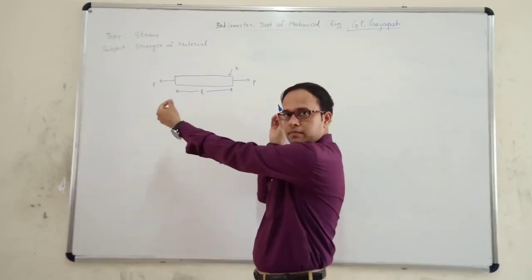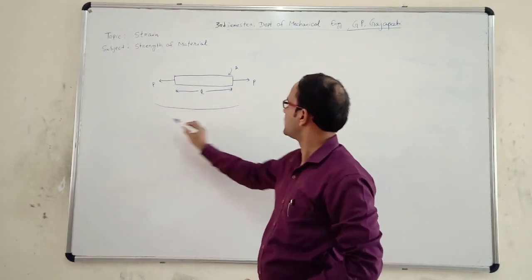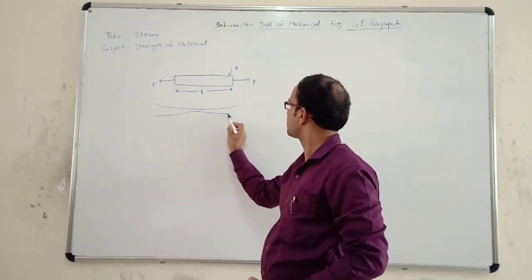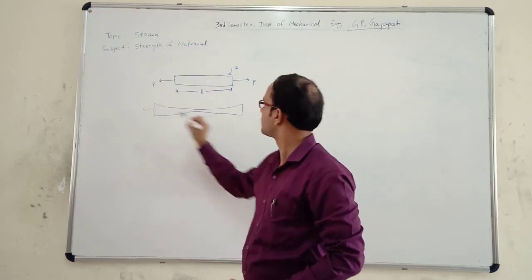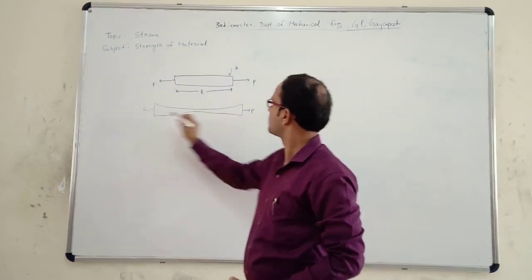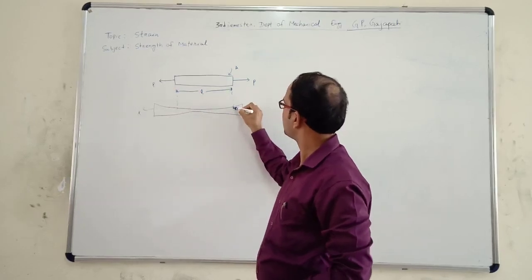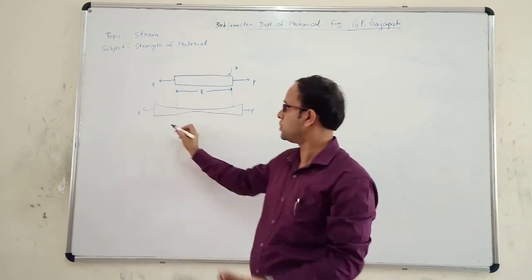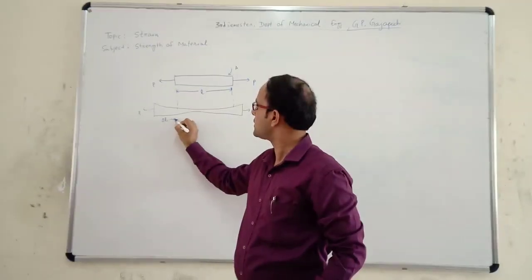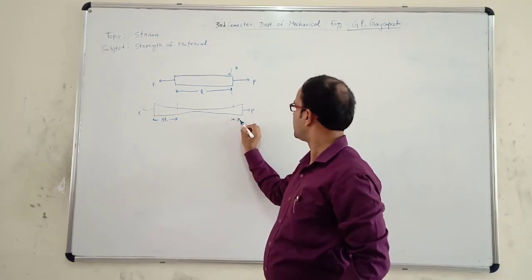The body will deform, so let it deform like this. Originally the length is this much. After the application of tensile force, let this be the change in length, and here another change in length.